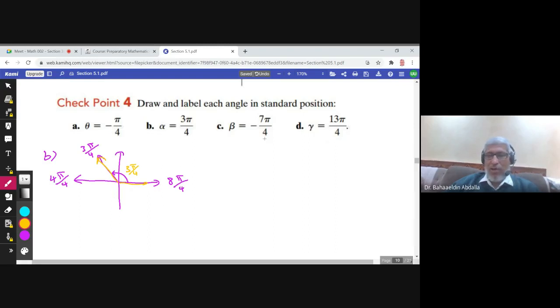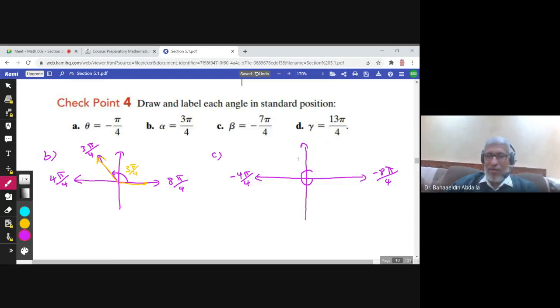Okay. Negative 7 pi over 4. Let us sketch the graph of negative 7 pi over 4. Well, negative 7 pi over 4, I'll go in the negative direction. So starting here 0, here negative 4 pi over 4, continue, here negative 8 pi over 4. So negative 7 pi over 4, if you start from here, go to negative 8.